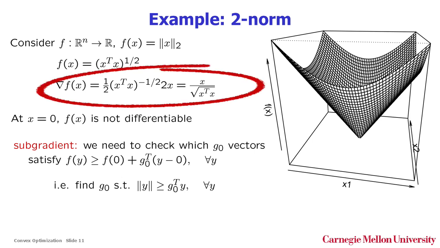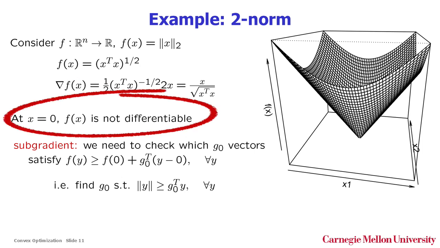This will be 1/2 times x transposed x to the power of -1/2 times 2x. If we simplify this, we get that the gradient of f of x is x divided by the square root of x transposed x. From this, we can see that f is differentiable everywhere except when x is 0.